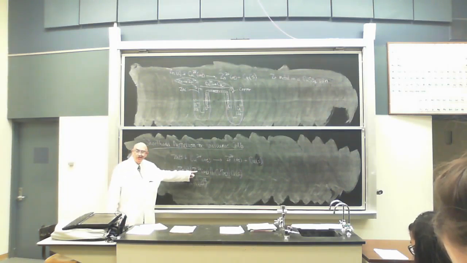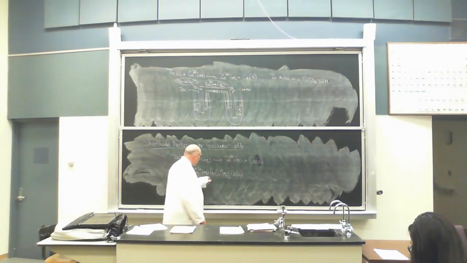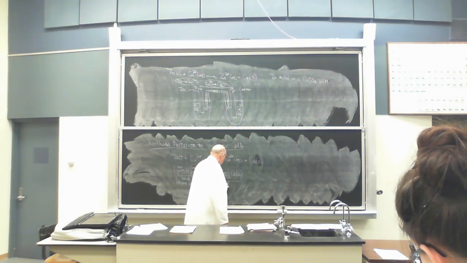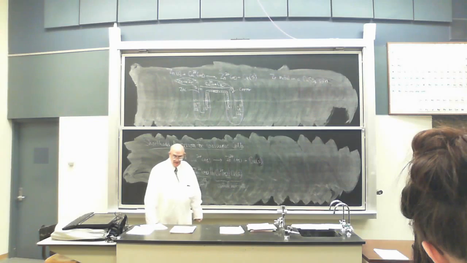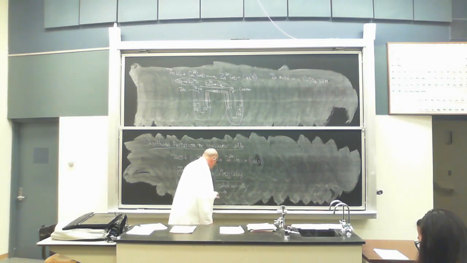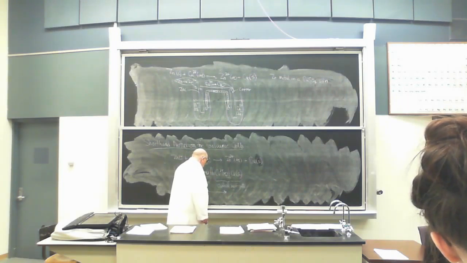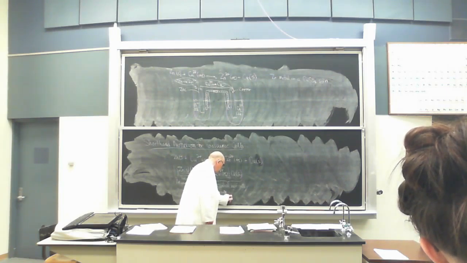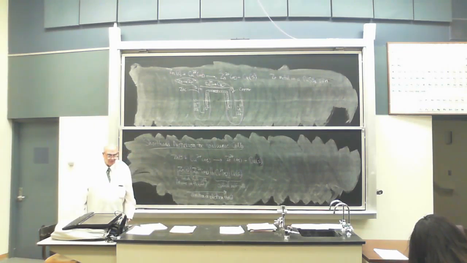And the zinc is losing electrons to become zinc ion. So over here on the right, this will be the cathode half cell. And this direction here is the direction of electron flow. Electrons are going from the anode to the cathode.